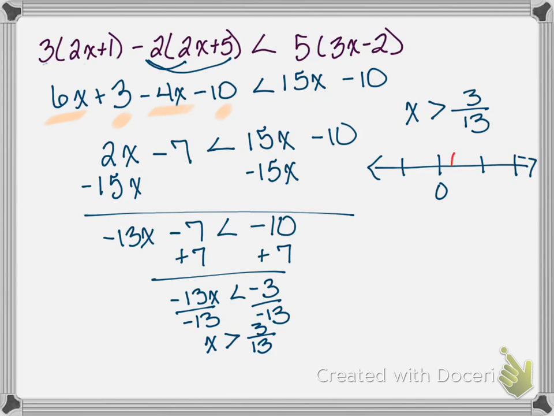I put my parenthesis there, and I go to positive infinity because of the way my arrow is going. So my answer here is 3 over 13 to positive infinity. Okay?